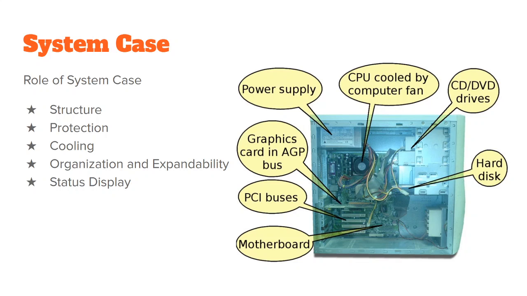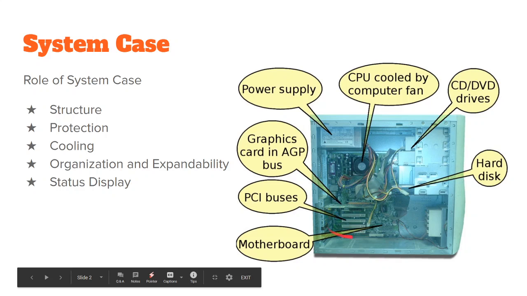So this case itself acts like a cooler. Whatever heat is generated inside is always put outside through these fans. Either it could be these fans or it could be the SMPS fan. Okay. So next is organization and expandability. Organization in the sense, see, it is mounted in an organized way.